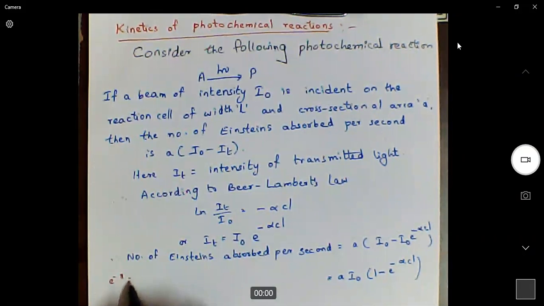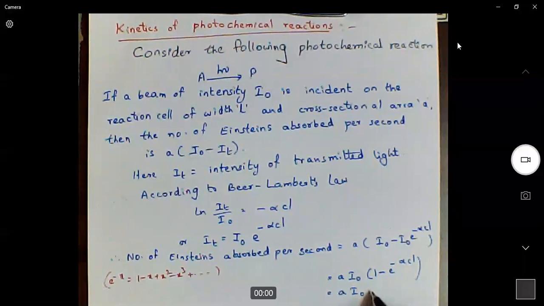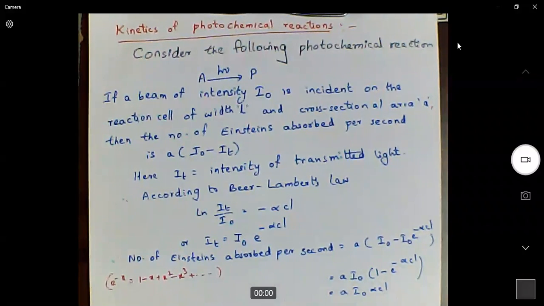E power minus x is equal to 1 minus x plus x square by 2 factorial minus x cube by 3 factorial and so on, right? So we can substitute 1 minus x here. 1 and minus 1, they will get cancelled. Minus of minus x becomes plus x. So A into I naught into alpha CL, where we can ignore all other additional terms. We can ignore additional terms because alpha is very, very small.